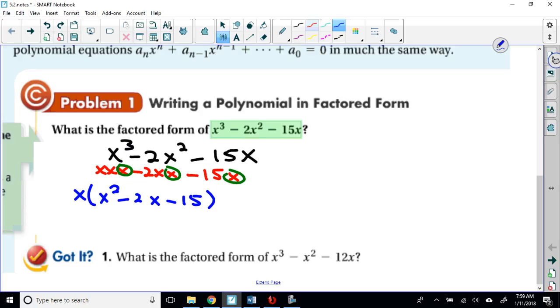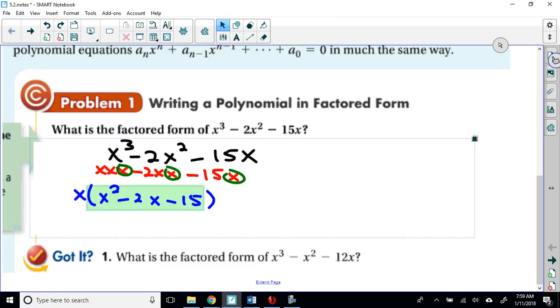Now sometimes I feel like I'm an infomercial host. But wait, there's more. We can factor this further. If you remember from Chapter 4, when you try to factor an expression like this, you're looking at the number 15 and you want to know, does 15 have any factors? And in this case, since that 15 is negative, the factors have to have opposite signs.